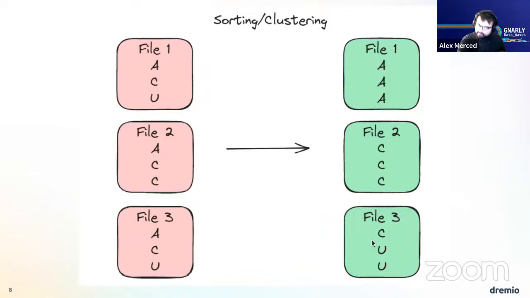Okay, so it's more clustered, but if I was scanning for U data, then I'd still scan file 3 and there'd still be a C record in there, which the reader would still have to read over. But what if I'm regularly only scanning for one of these values? I'm only scanning for A records. I'm only scanning for C records. I'm only scanning for U records. Then I would really be better off if they were in completely different data files, not just sorted across my data files as they are, but in completely separate buckets of data files.